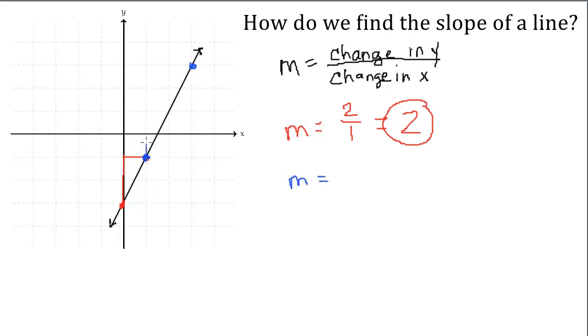So I'm going to go up 1, 2, 3, 4. That's a change in y of 4. And then on the x-axis, going left to right, we go 1, 2. So 4 over 2. Now that might look different, but 4 over 2 is just 4 divided by 2, which is the number 2. So actually, whatever points on this line you pick, you're going to get the same slope.